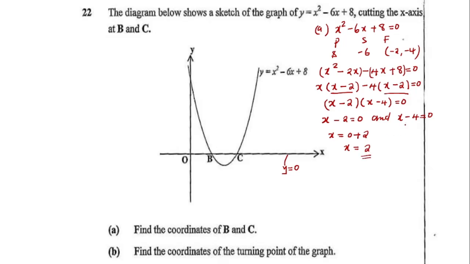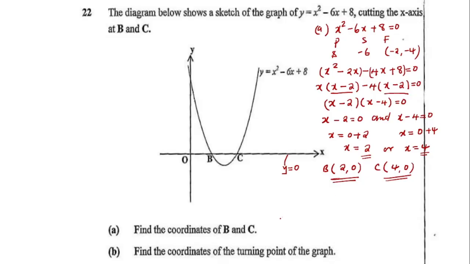And the other one, x minus 4 equals 0, so x is equal to 0 plus 4, the answer is 4. Meaning the coordinates of B are 2 as the x coordinate and 0 as the y coordinate, and the coordinates of C are 4 as the x coordinate and 0 as the y coordinate. So we have found the coordinates of B and C.